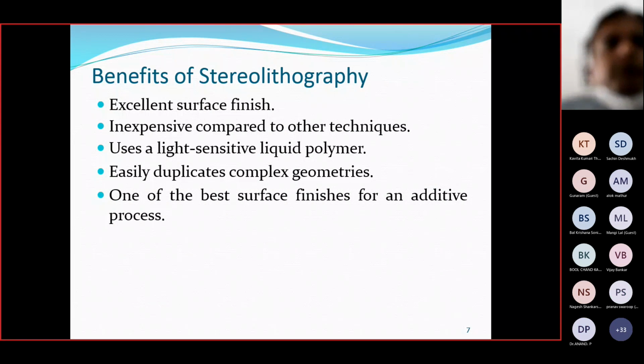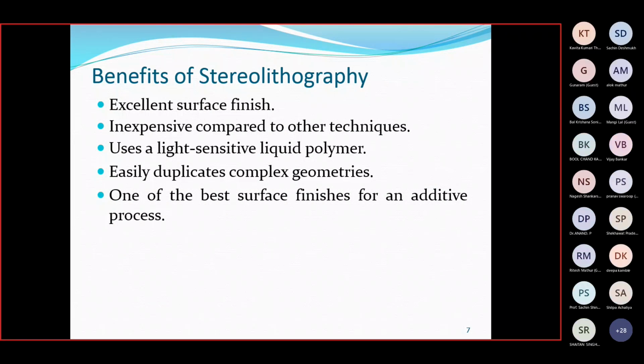So you don't have to worry about drawing and generation of STL. You just click the picture, bring the geometrical picture into your system, and they will generate the STL file for you. So you can very easily duplicate complex geometries here. Okay, so what is the purpose of the filament?